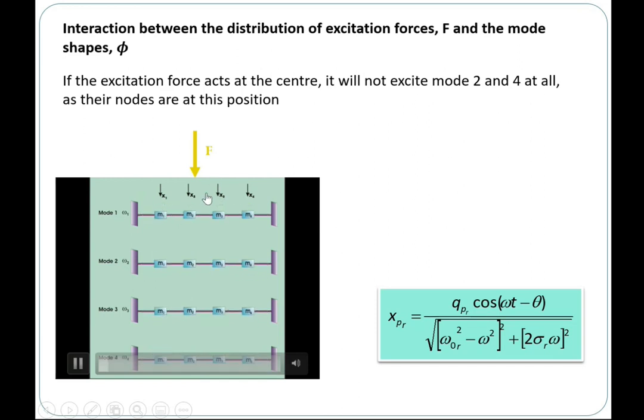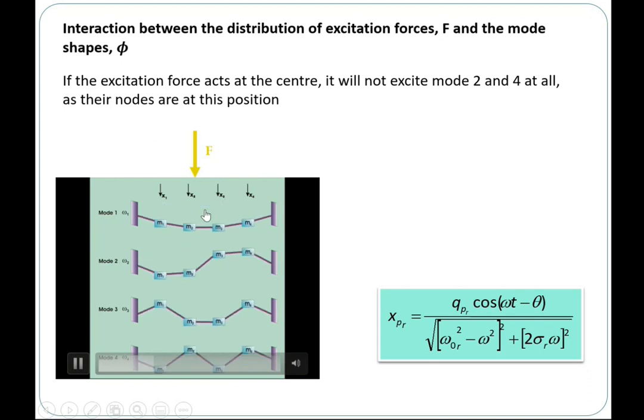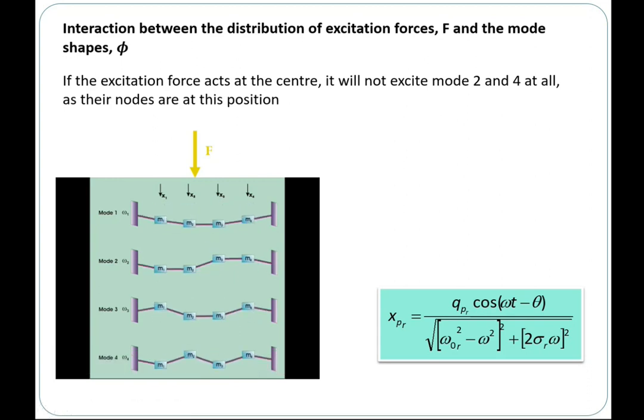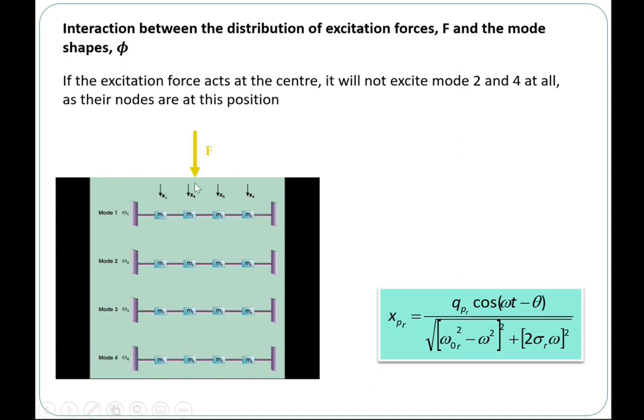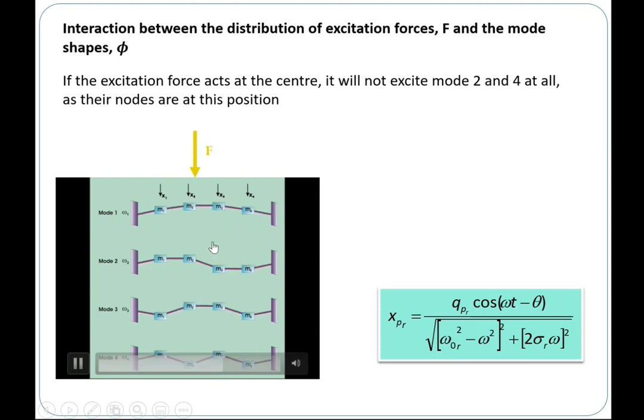So what I mean here, if you have a force at the middle, in the center here, the motion of the vibration signal that you have, you act at this particular point, it will not excite those modes.